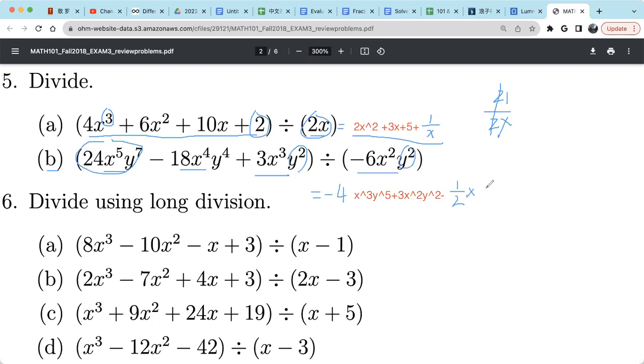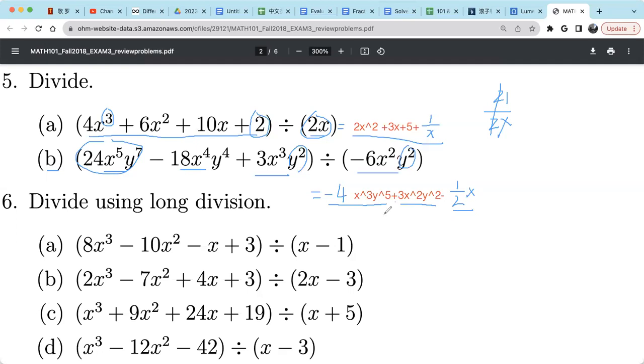Multiplying by 1, we don't really have to write it because anything multiplied by 1 is itself. So what's our answer? Our answer is -4x to the 3, y to the 5, plus 3x squared y squared, minus half x.